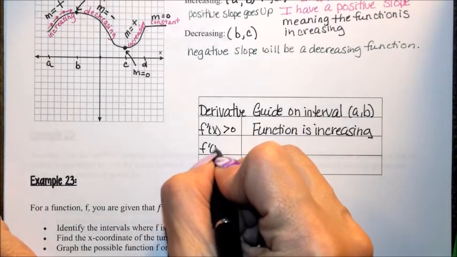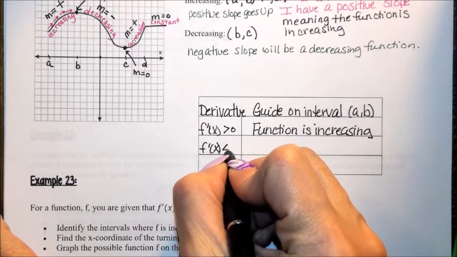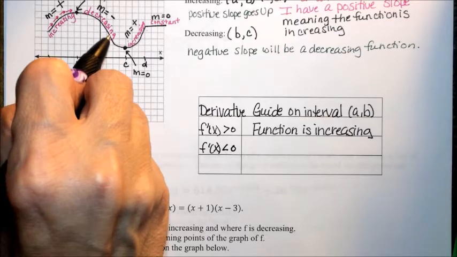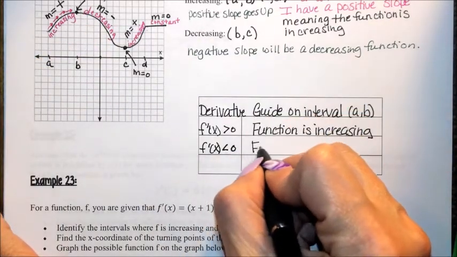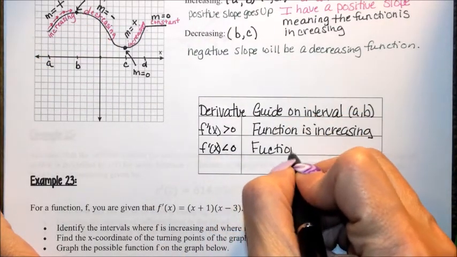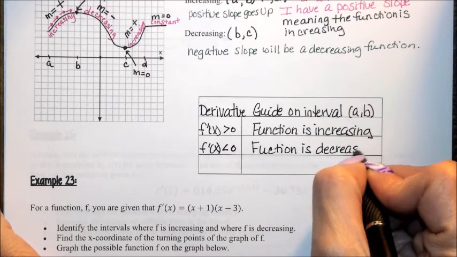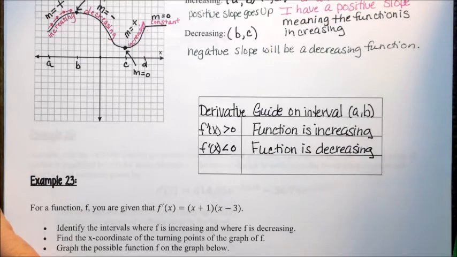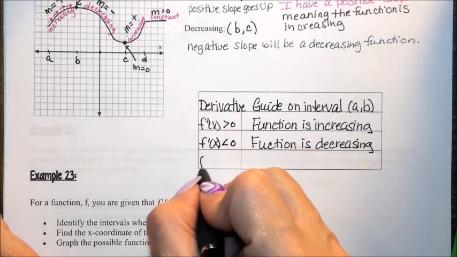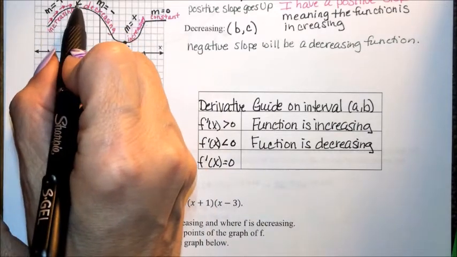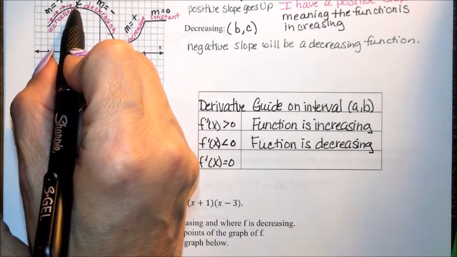If f prime of x is less than 0, the function is decreasing. All right, if f prime of x equals 0, that's the last scenario, like right here, then we know that the function is constant.